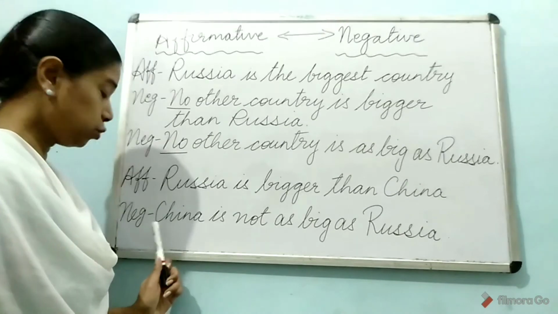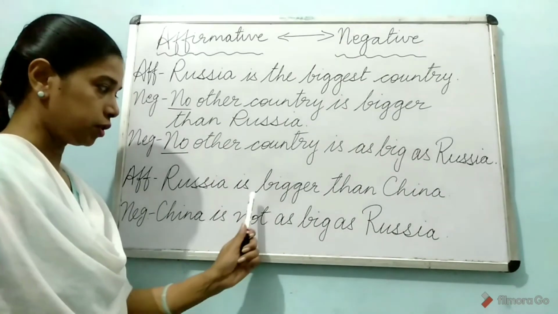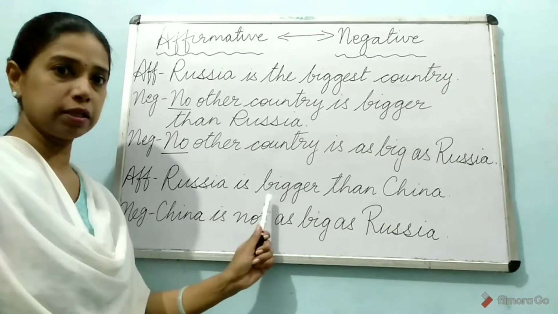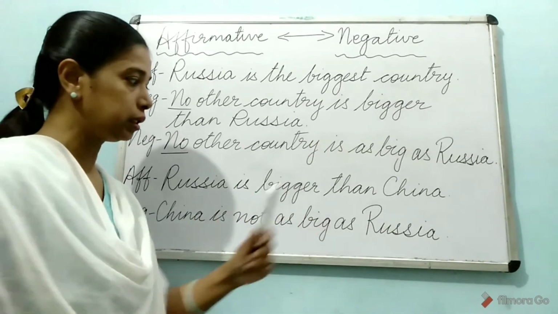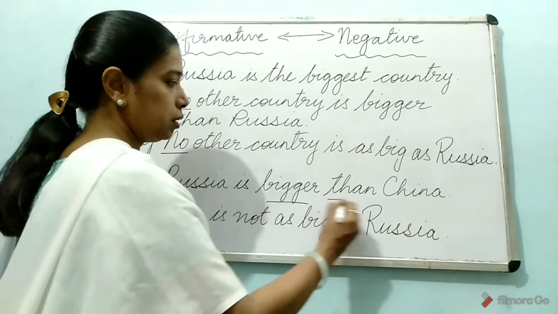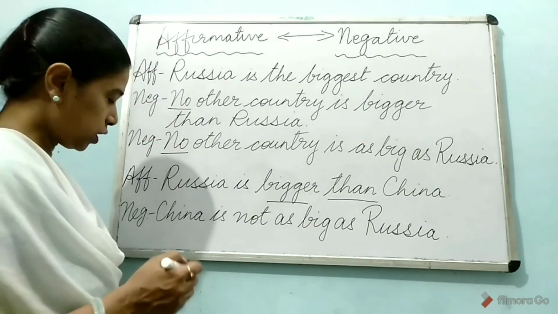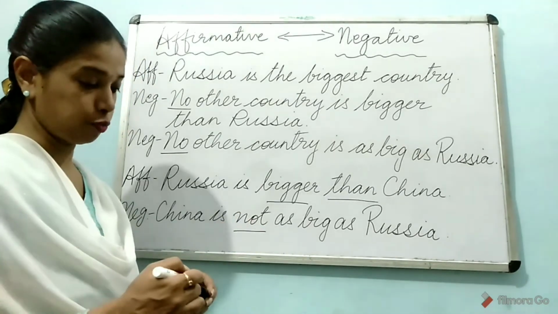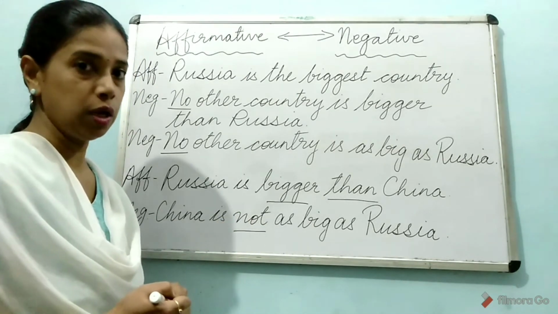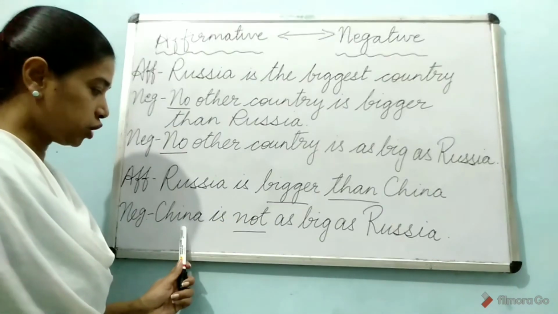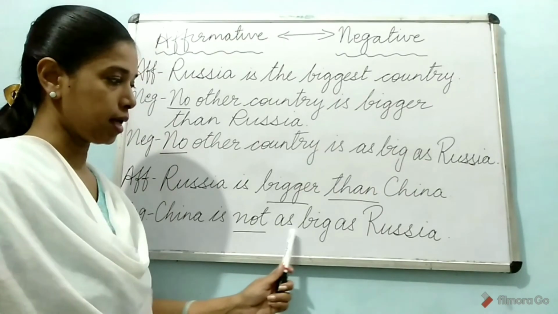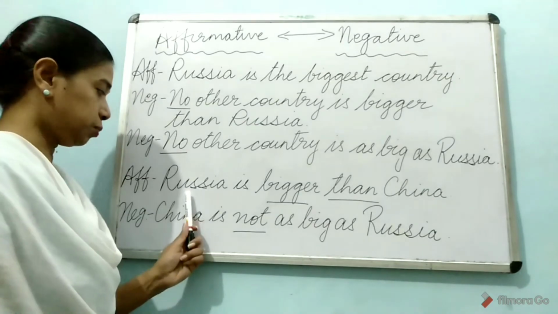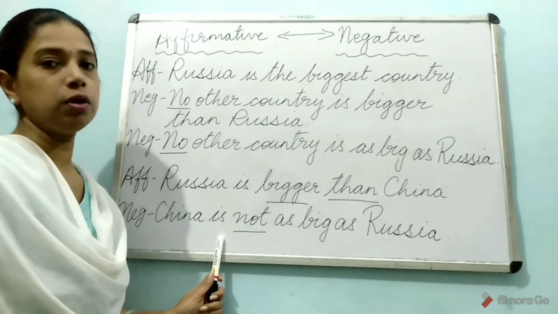So when you change it into the positive, here the affirmative is in the comparative degree, Russia is bigger than China. And when you change it into the negative, you will be using a not. Your positive sentence changes into negative, and it will be China is not as big as Russia. So automatically your positive sentence changes into negative.